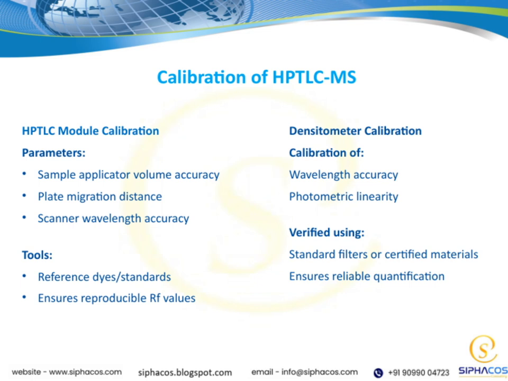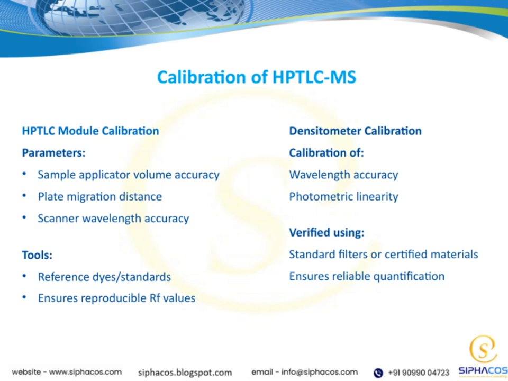Now, moving on to HPTLC-MS calibration. It's equally important to calibrate the HPTLC module itself. We look at parameters such as the sample applicator volume accuracy, which ensures we're applying consistent sample amounts every time. We also check the plate migration distance, so our migration is reproducible across runs. And of course, the scanner wavelength accuracy, which is vital for precise detection.